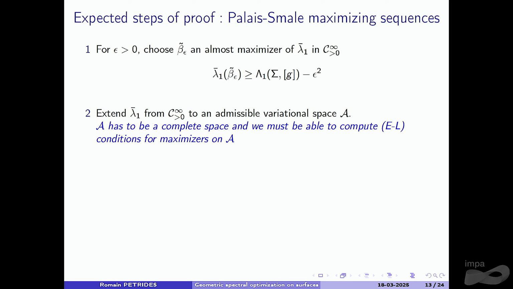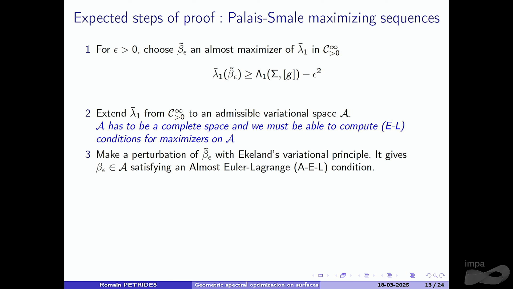So you have to choose A smaller than this A. You have to take a subspace of this. Then you apply your Ekeland variational principle. So from your initial maximizing sequence, you construct a new maximizing sequence that almost satisfies the Euler-Lagrange equation.